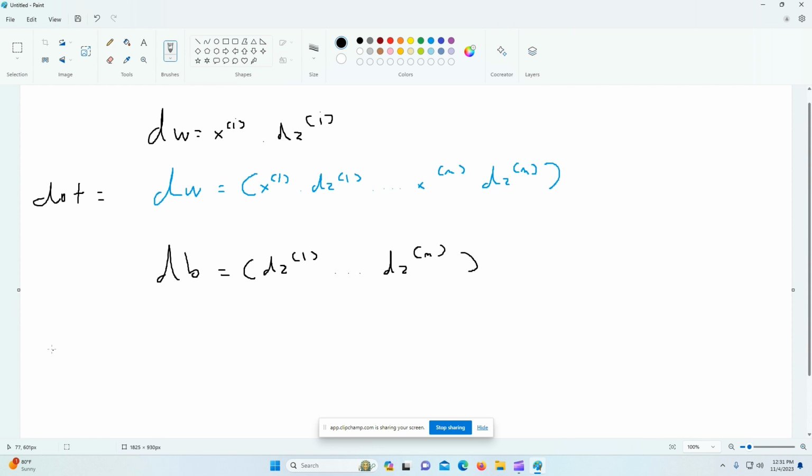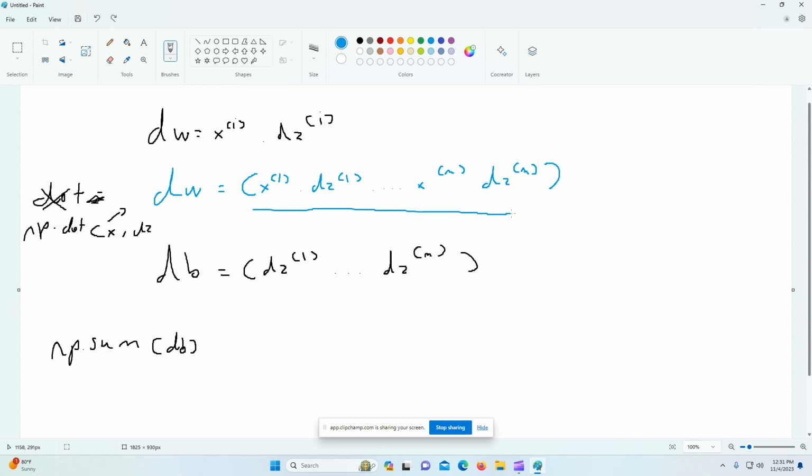So if you know NumPy, one way we can do it is np.sum of the derivative of z for the derivative of b, and up here it's going to be np.dot of all of our x values and all of our derivatives of z.